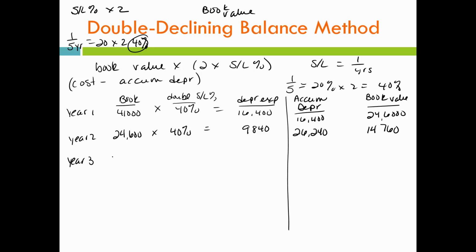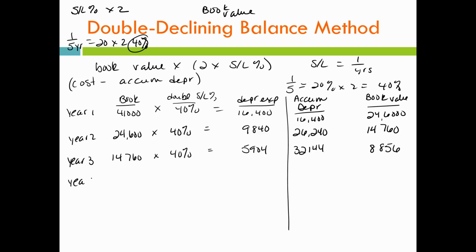When I did year 3, the book value was $14,760 times that same rate of 40%, which gives me depreciation expense of $5,904. Add that to my previous accumulated depreciation, and my new balance in there is $32,144, which means my book value goes down to $8,856.